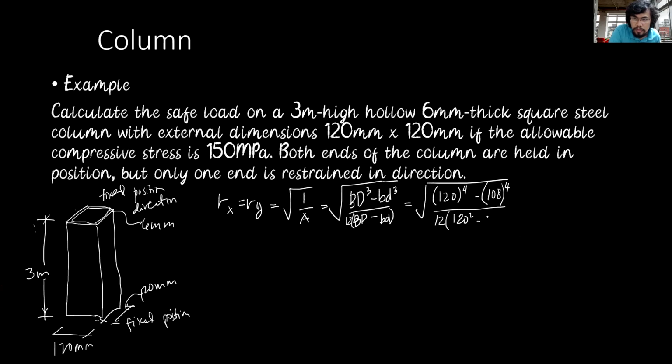(120 squared minus 108 squared), and we get the value of 46.6, right?